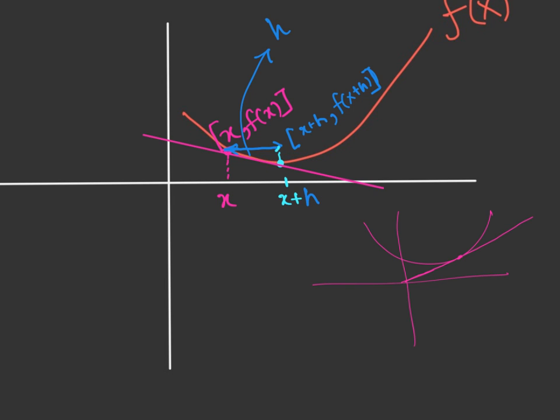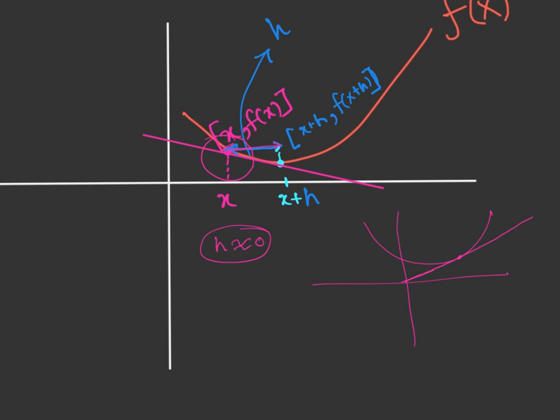So if this h, instead of being this much, became even smaller, let's say h became approximately equal to 0, then definitely that pink line would become the tangent at this x point.